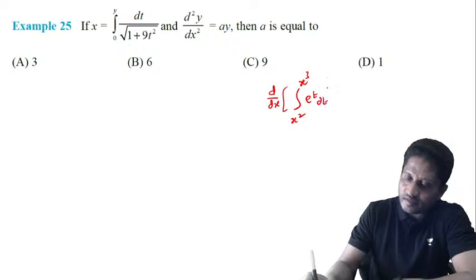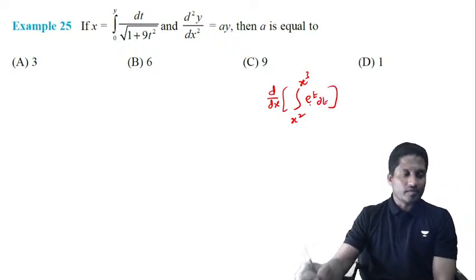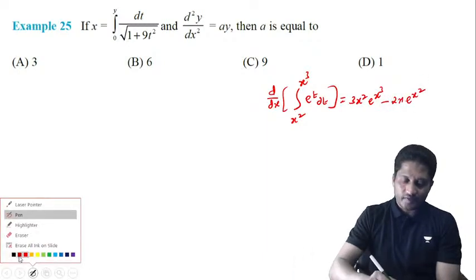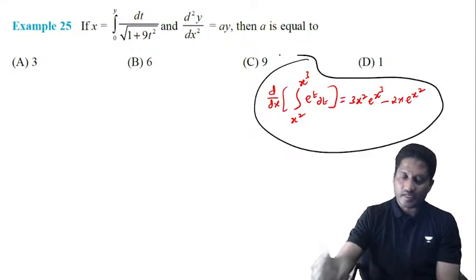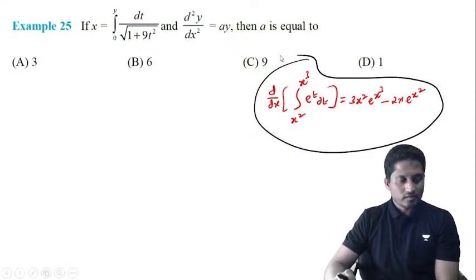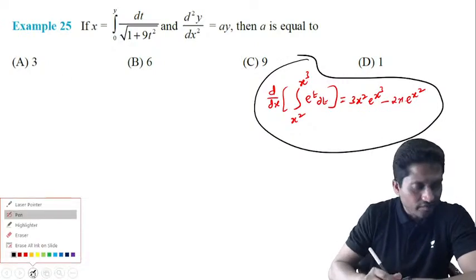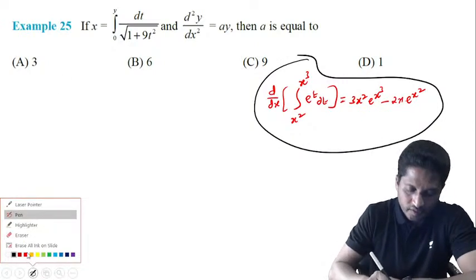If I differentiate a definite integral, you differentiate the upper limit and in place of t you put the upper limit, minus the differentiation of the lower limit with the lower limit put in place of t. This is called the differentiation of a definite integral. Now let me revise the other previous questions with that.